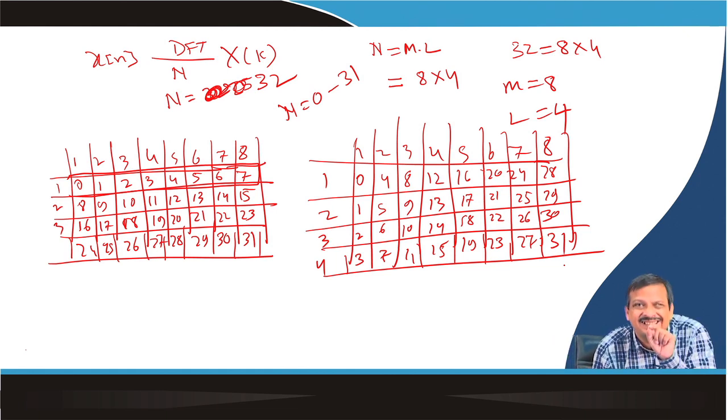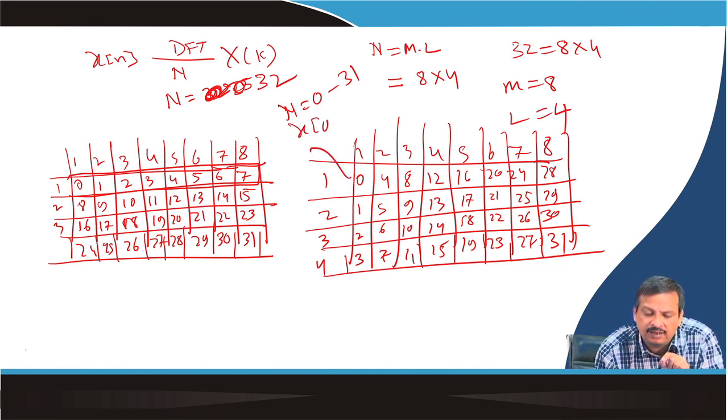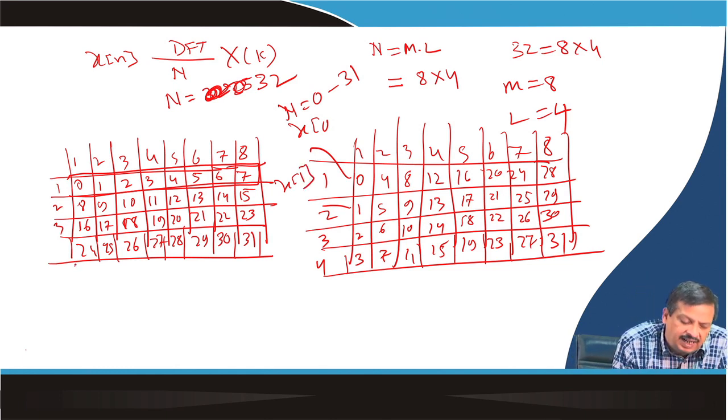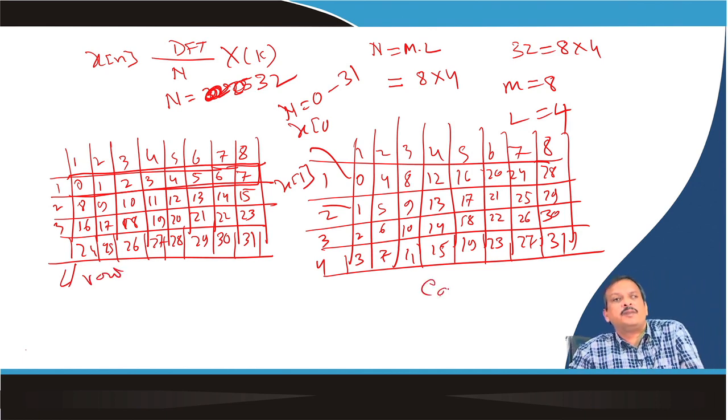Those numbers represent the index. So basically this is x0 and this is x1. In one case I store the data row wise, in the other case column wise. I can store the data both ways.